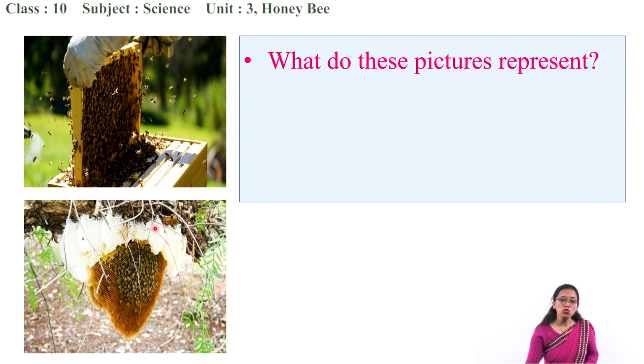Okay, these two pictures represent the hives of honeybees. Hive means their house. We stay in our house. Similarly, these bees also make a colony and they stay or survive in these hives. Some hives are made by the bees themselves and some hives are made artificially.